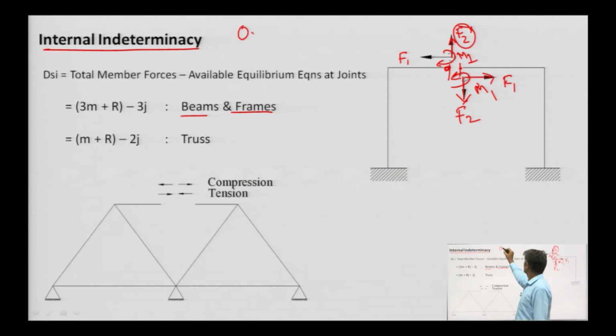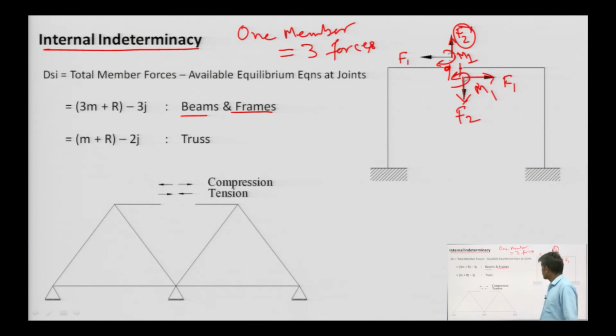One member can have only 3 forces in the case of beam and frame. So, the total number of member forces will be 3 times m. So, 3m is the total number of member forces.